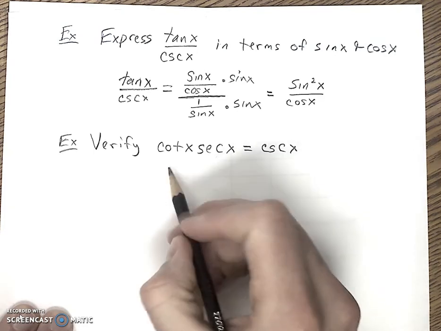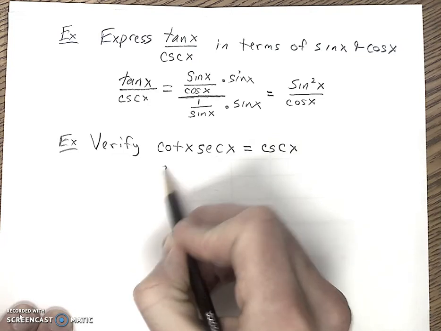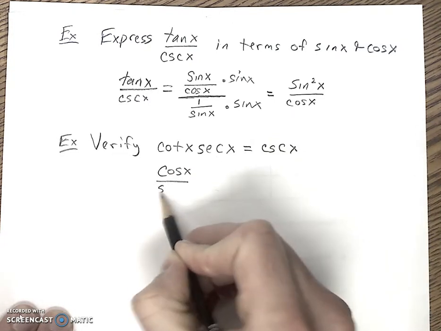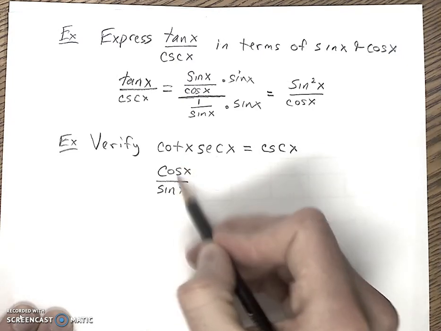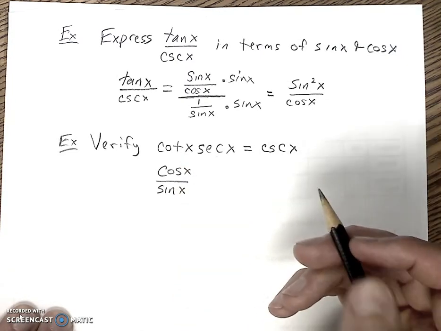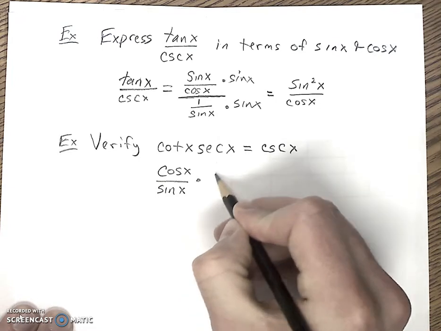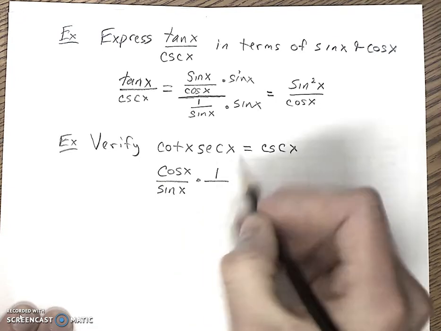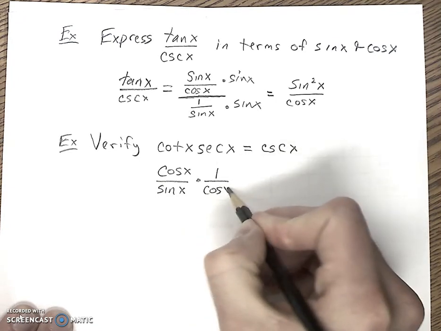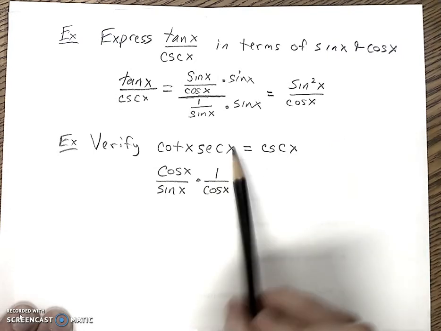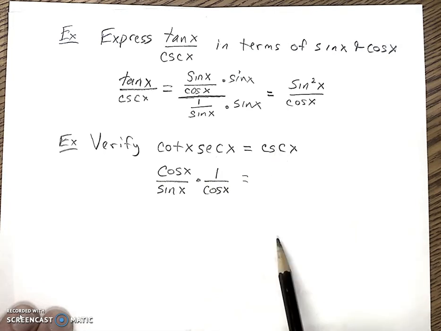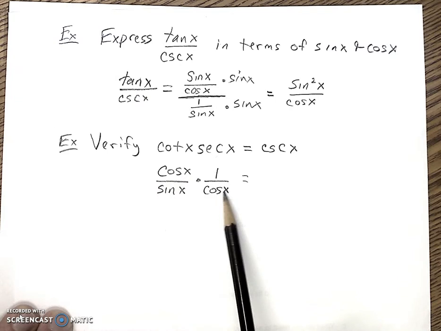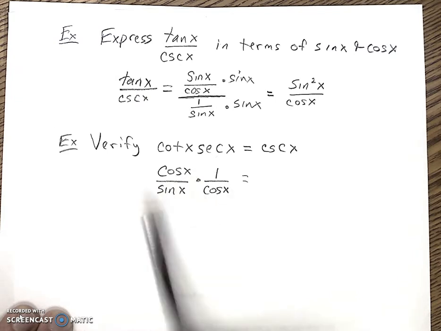Cotangent of x is cosine x divided by sine x. That's what cotangent is, using the quotient identity. Secant of x is 1 divided by the cosine of x. And we're still going to show that the left side equals the cosecant of x. Some of you might already see this. Cosine divided by cosine is going to be 1.